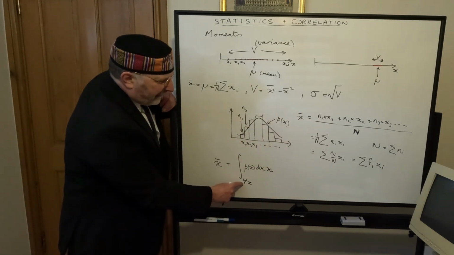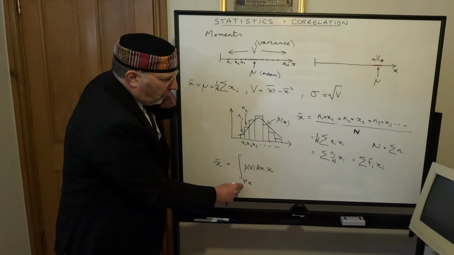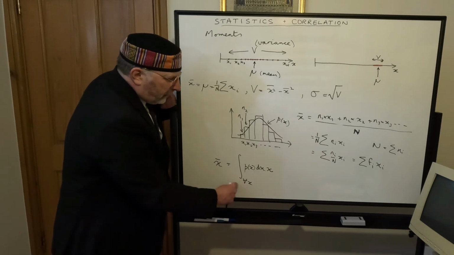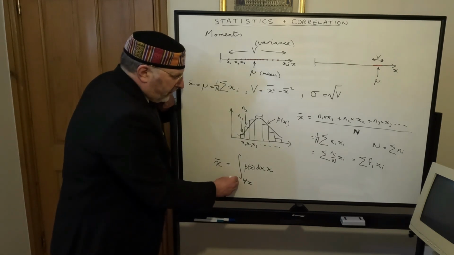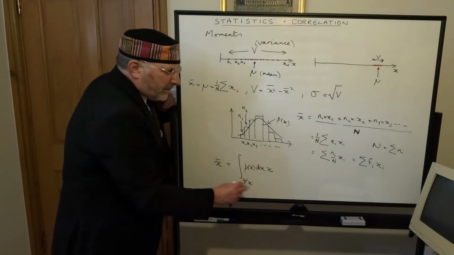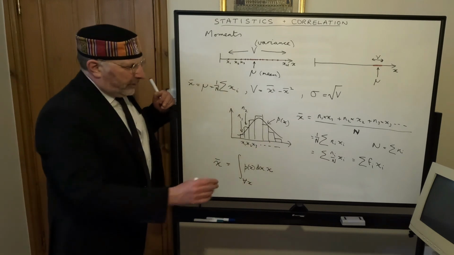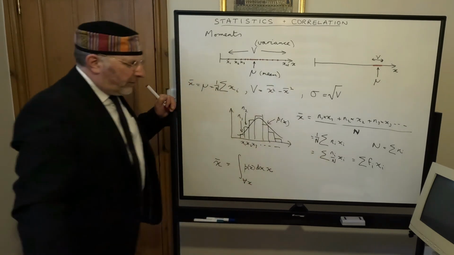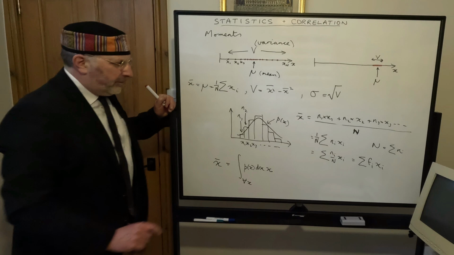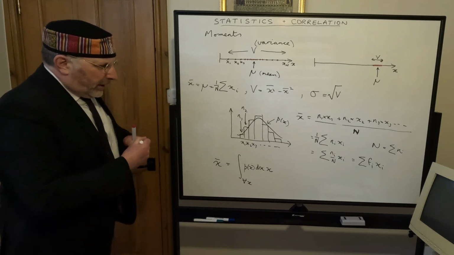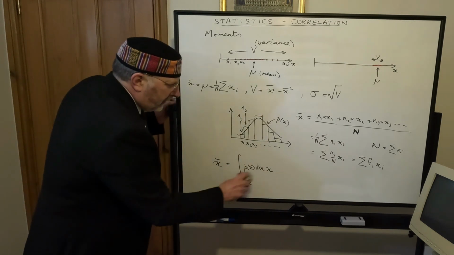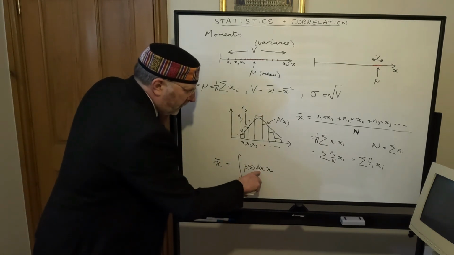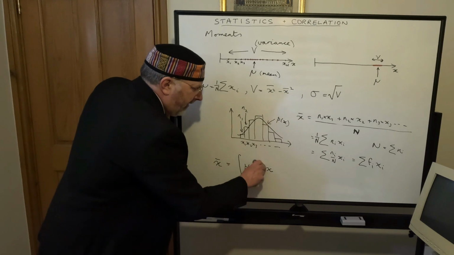This upside down A symbol means for all x. So we integrate over all the possible values of x, which might be from 0 to infinity, or minus infinity to plus infinity, or 0 to 1, whatever values x can take on. And we just tidy this up by writing the integral in the usual way, putting the dx at the back there.